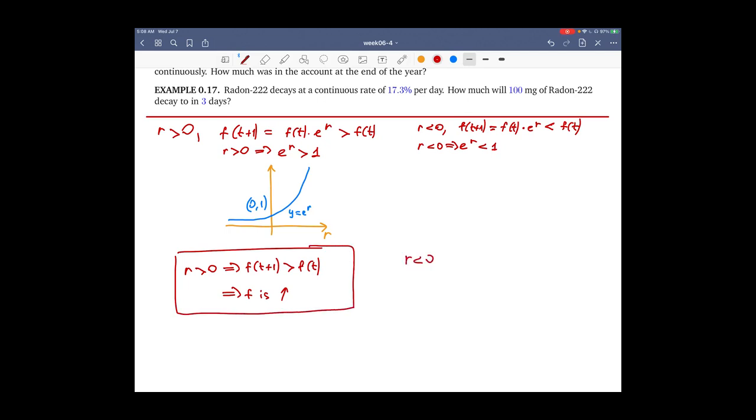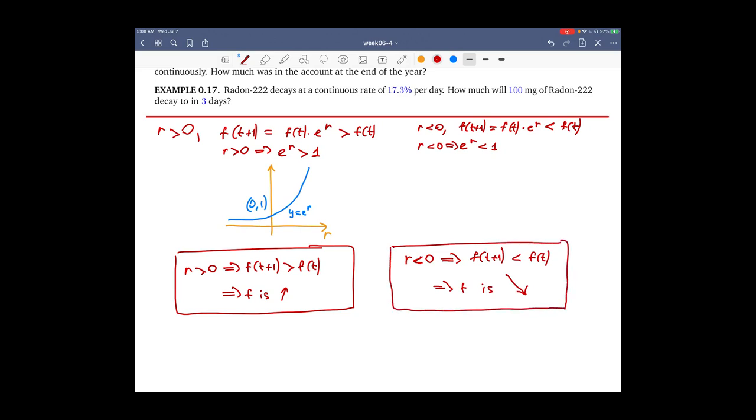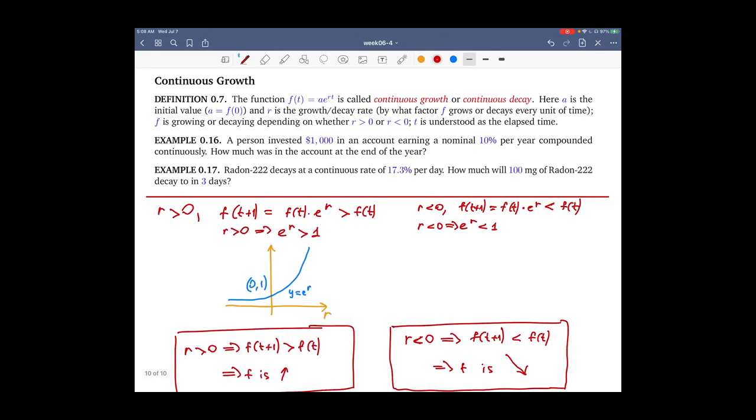And r less than 0 implies that f at t plus 1 is less than f at t. Therefore, f is decreasing. That is the definition of continuous growth and decay.